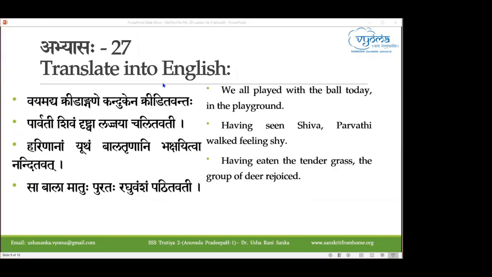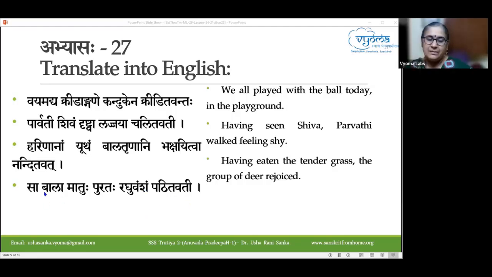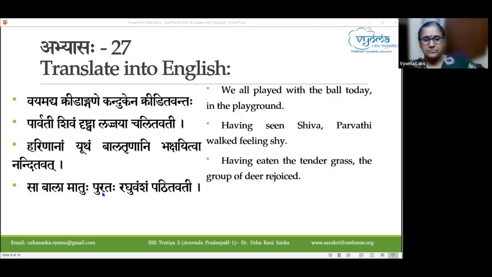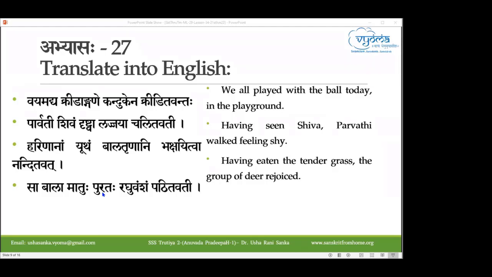I got all the words except maybe one. So that girl read Raghuvansham completely. The mother's Raghuvansham. I didn't get the word Purataha. Purataha is in front of. Okay, so that girl read Raghuvansham in front of the mother.